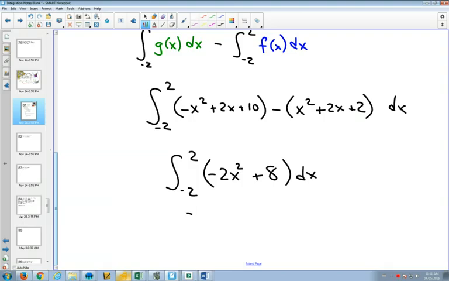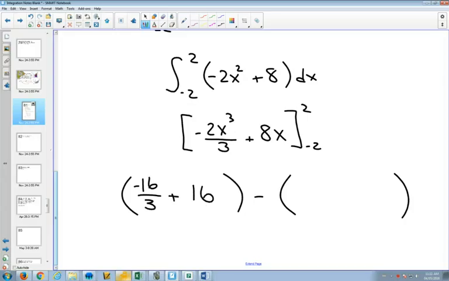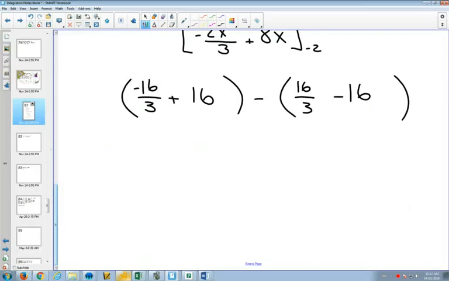Because now when we take the integral here, plug in 2, plug in -2, 16 plus 16 will be 32.